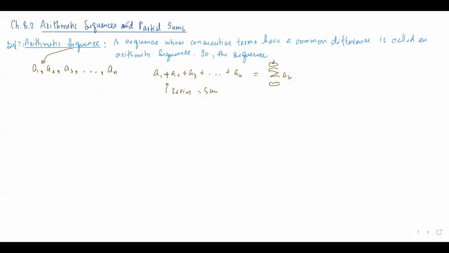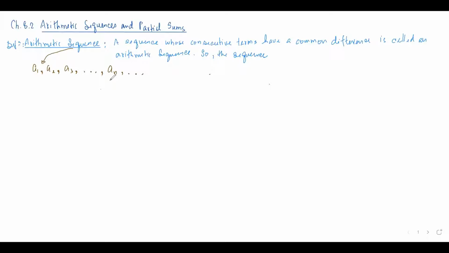But now we're going to go for sequences first, and we're going to learn arithmetic sequences. So come back to this definition.